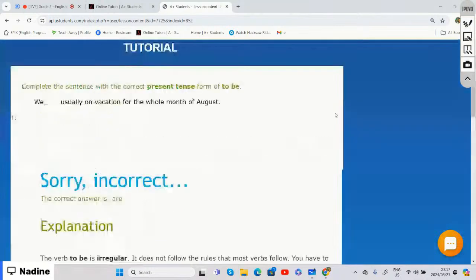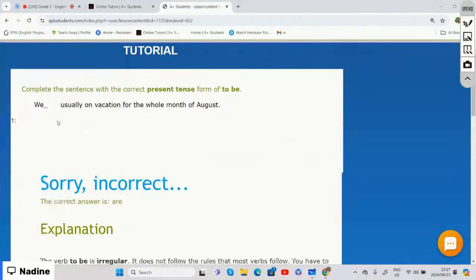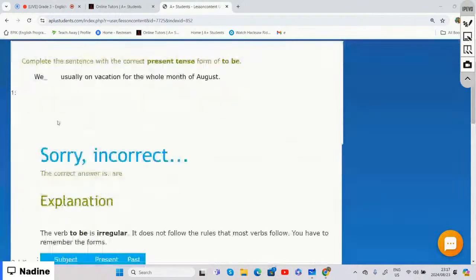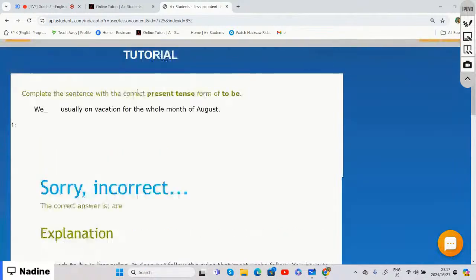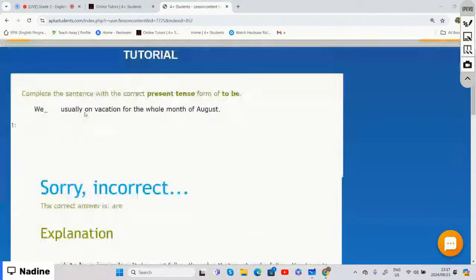If we look at this sentence, we need to add in the to be irregular verb. It says complete the sentence with the correct present tense form of to be.